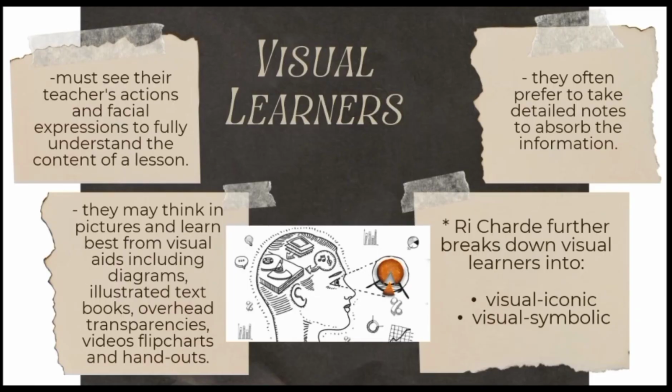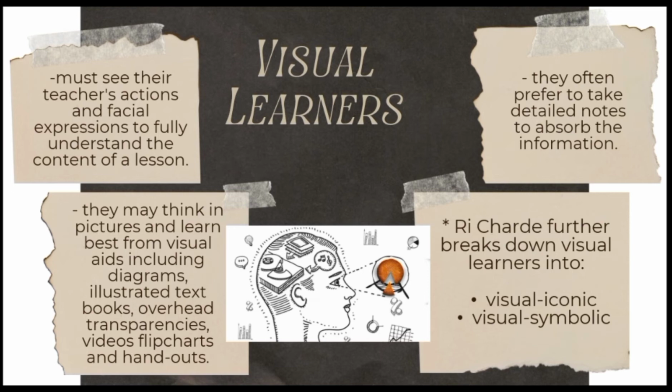Visual learners. They must see their teacher's actions and facial expressions to fully understand the content of a lesson. They often prefer to take detailed notes to absorb the information. They may think in pictures and learn best from visual aids including diagrams, illustrated textbooks, overhead transparencies, videos, flip charts, and handouts.